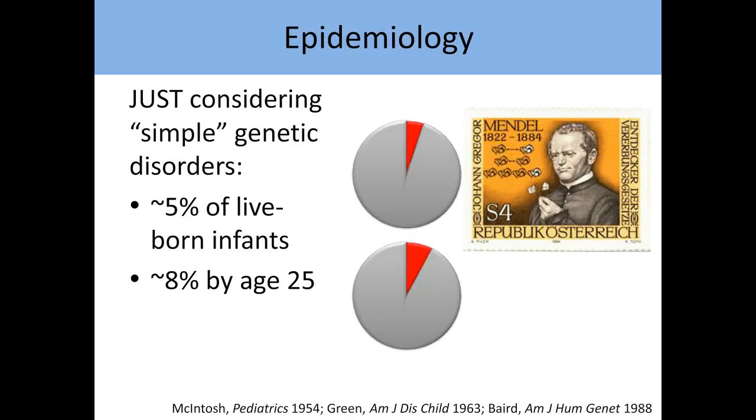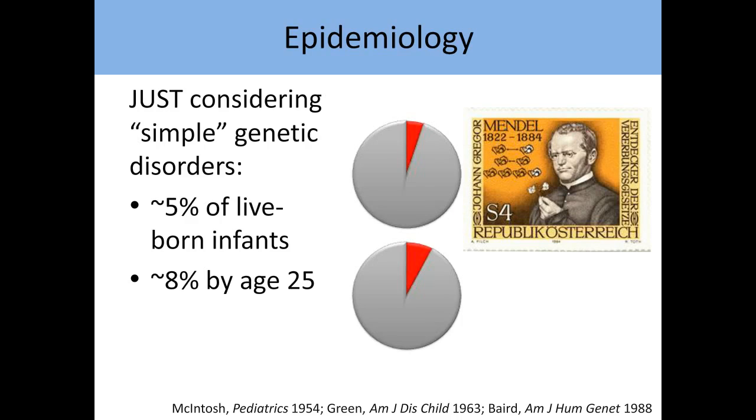I want to put this in context a little bit. I'm sure a lot of the people listening to this webinar realize this, but a lot of these Mendelian disorders, that's Gregor Mendel, of course, on that stamp, or these congenital disorders, are individually rare and might have only been reported in a couple of people in the world or a few families. But in aggregate, they're pretty common.